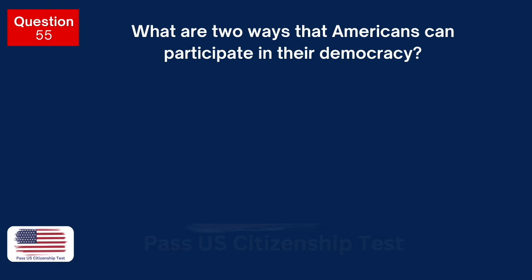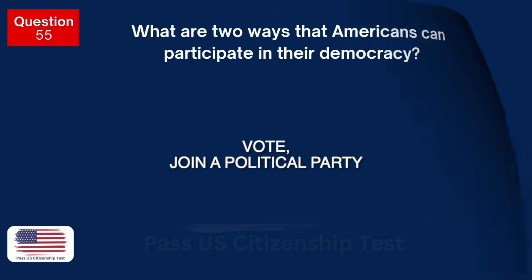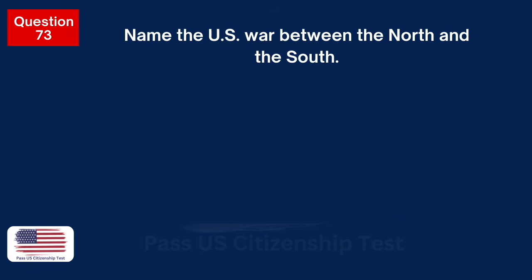What are two ways that Americans can participate in their democracy? Vote. Join a political party. Name the U.S. war between the North and the South.